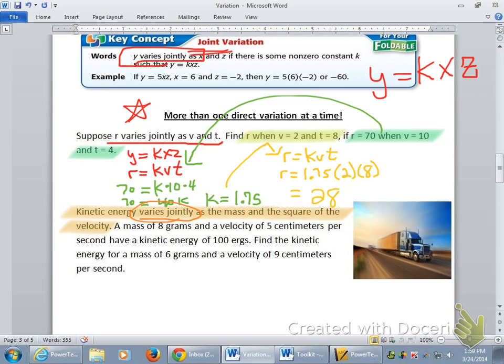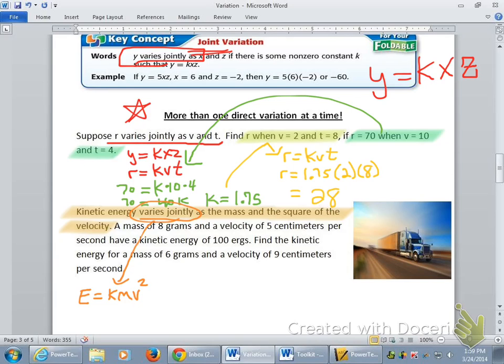As soon as I see the words varies jointly, I need to be thinking about the old y equals kxz. But I'm not going to use k, x, and z. What am I going to use? I'm going to use E for energy, k, m for mass, and v squared so I don't get the k's messed up. It does say the square of the velocity, so that is a v squared, so that's a good catch.